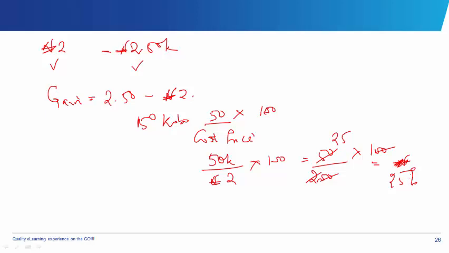Now let's take another example. A hat is bought for 2 naira 50 kobo and sold for 2 naira 20 kobo. What is the loss percent?